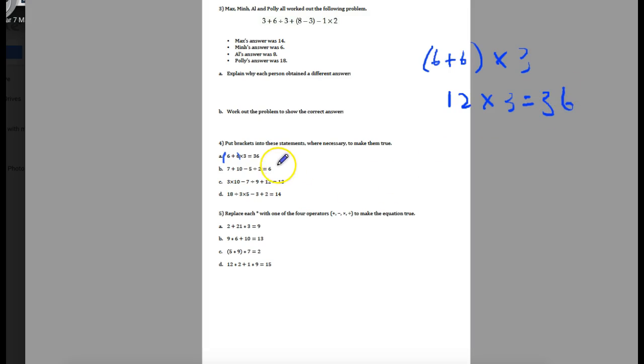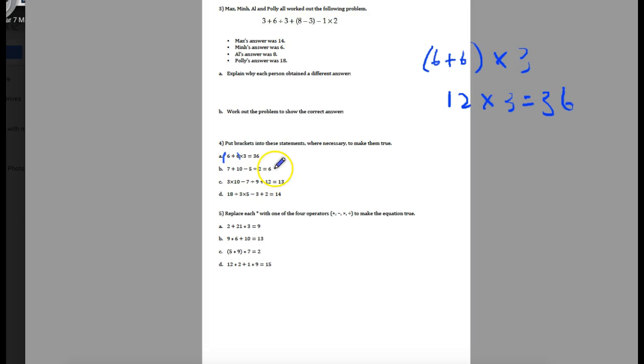So this question just requires you to think about, well, okay, let's do the problem to see whether it's true, and it's probably not. Where can I put brackets in to make them true? Obviously as you get to B, C, and D, they are going to get harder, but it just requires you to try a few different things, maybe think about it in your head before you start.